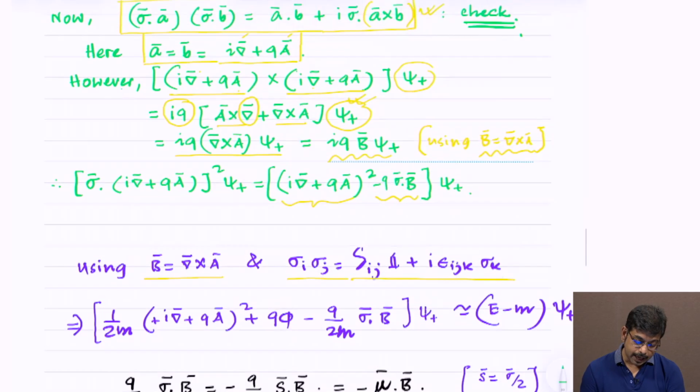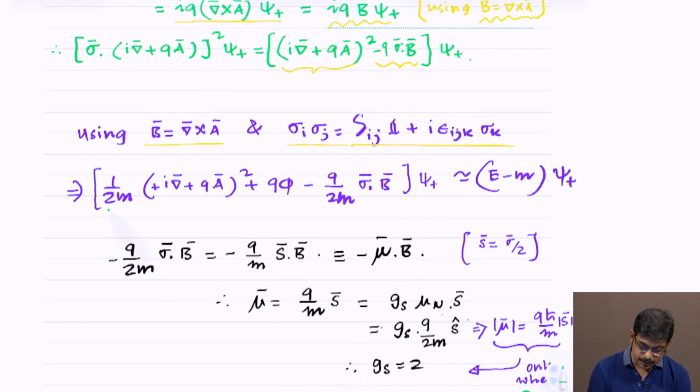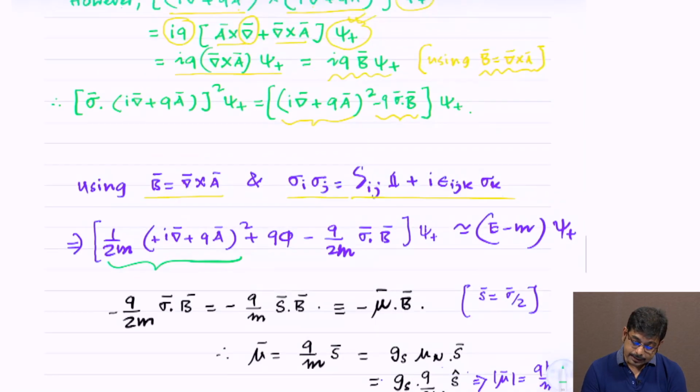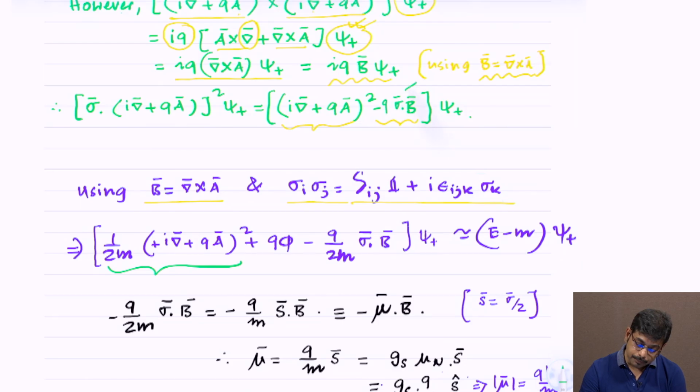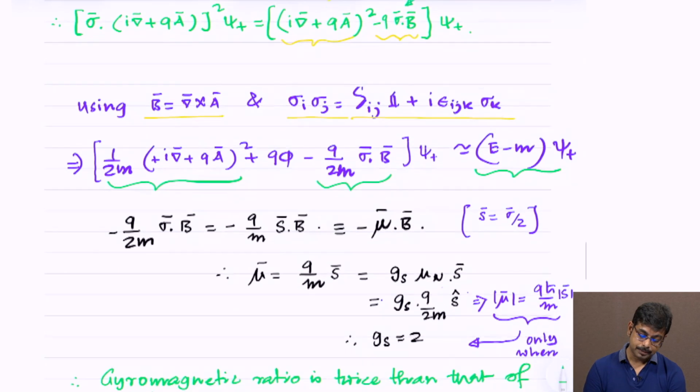Now if I get back to this full expression, what happens? I have this first term, 1 by 2m (i del plus qA) whole squared plus q phi, and this term that we found is going to give me minus q by 2m sigma dot B, acting on psi plus, giving you E minus m psi plus.